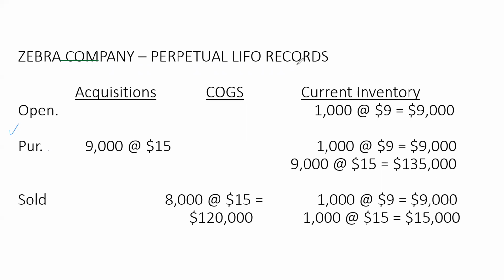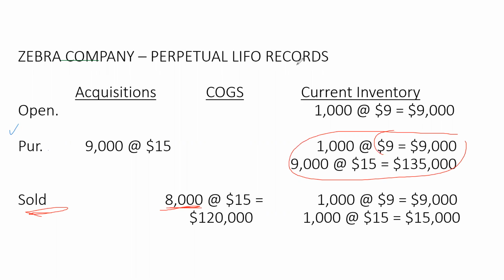Okay, we're going to go one step further now. This is where we ended up in the last problem, the last screen: 1,000 at 9, 9,000 at 15. You do it chronologically. The next thing that happens is they sold some. They sold 8,000 units, now which 8,000 did they sell?